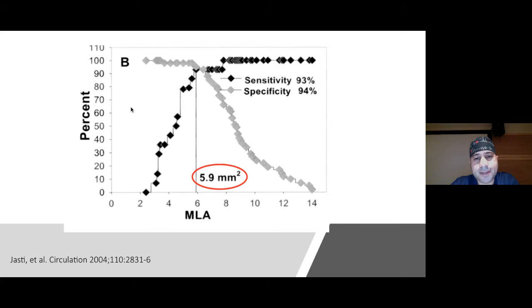This study was published in 2004, where they did FFR measurements and IVUS measurements, and they looked at the positivity of FFR. They found the cutoff for the minimum lumen area of the left main to be 5.9, with sensitivity and specificity of 93 and 94% for a positive FFR.